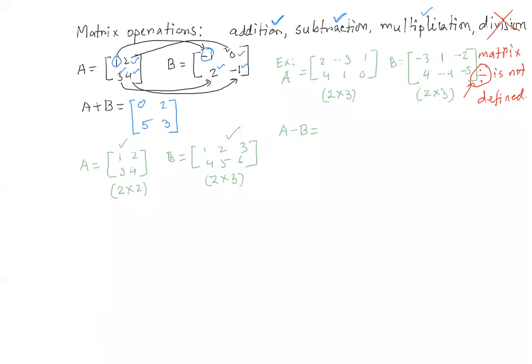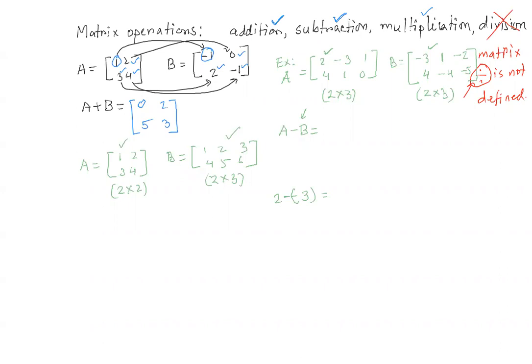So here is what you do. 2 minus 3. Don't do that. That's a mistake. What you are doing, you are subtracting negative 3 when you're doing A minus B. You're subtracting negative 3 from 2. So it's gonna be 2 minus negative 3.